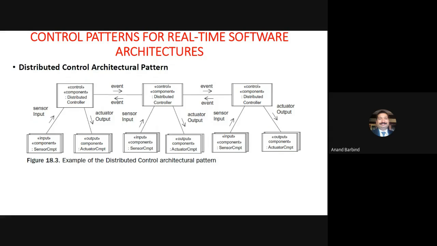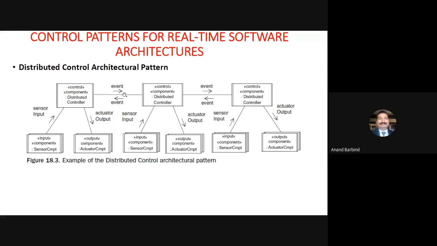The connection between the control components is usually peer-to-peer, and using these peer-to-peer connections, all the components are connected to each other in some cyclic fashion, or you can say in circular queue fashion.